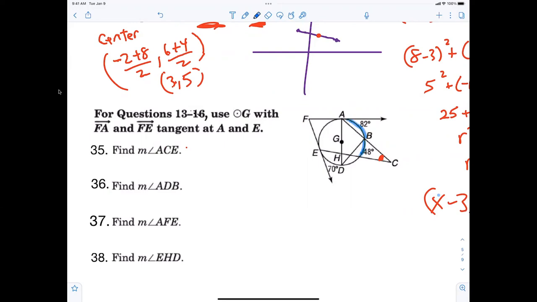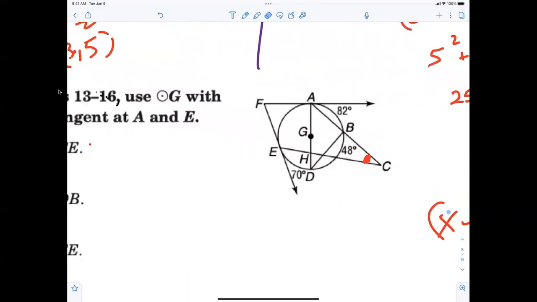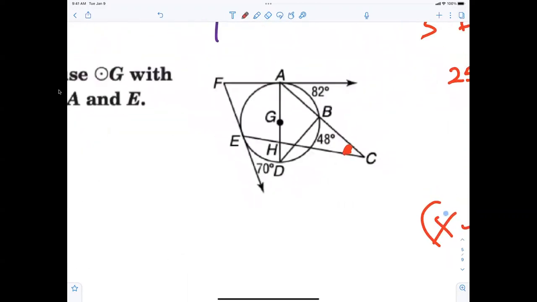How many degrees? So here's my recommendation: let's just go through here and put what we know. I think that's more beneficial. This right here is how many degrees? 90.